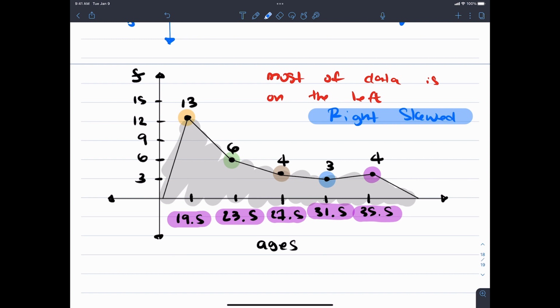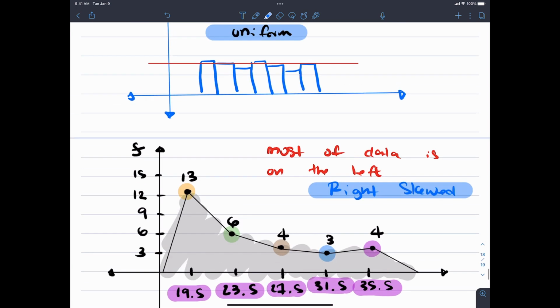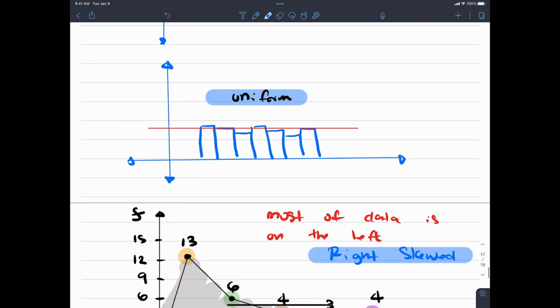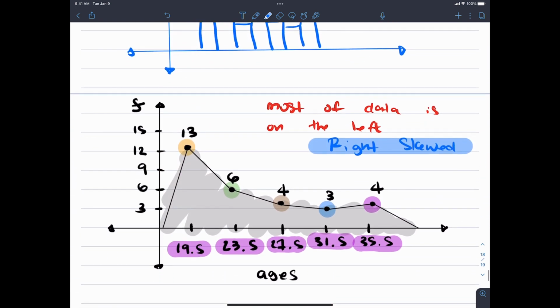Okay, does that make some sense? You guys see what I'm saying? Most of the data is on the left there. So yeah. So that's the real reason why you guys draw pictures of data, so you can see it. What do you guys think? Is that okay? Interesting. Let's see. We got some question here.